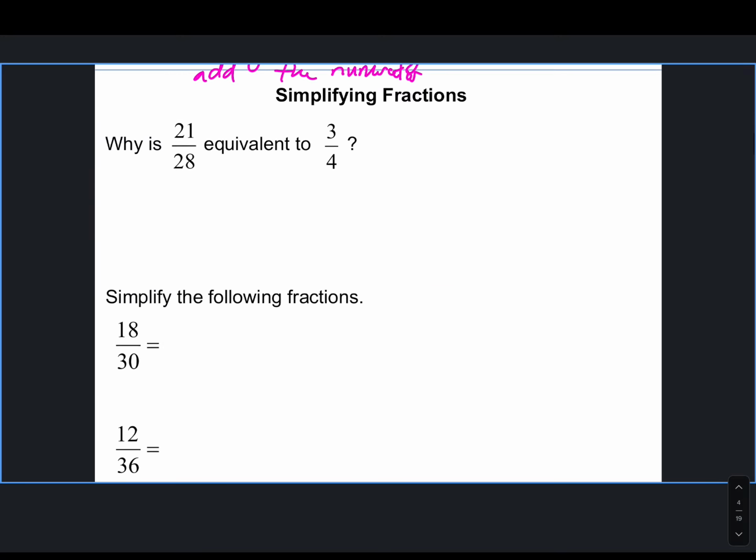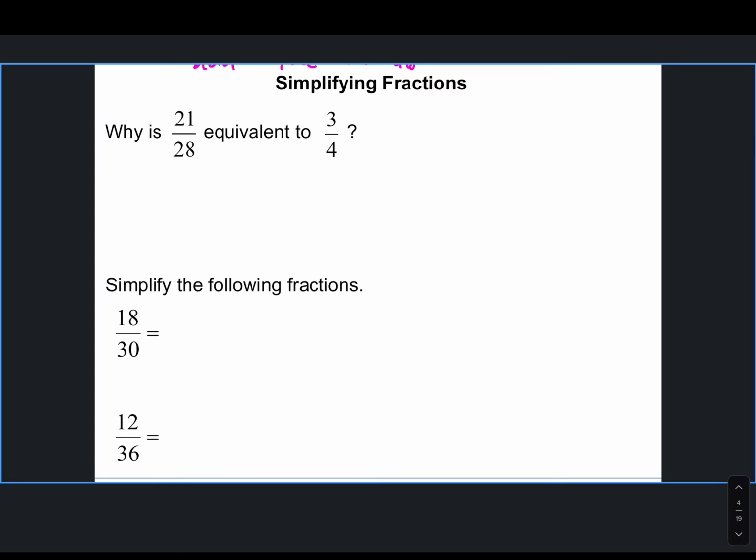Okay, simplifying fractions. Why is 21 over 28 equivalent to 3/4? Why are those equivalent? Because they can both be divided by 3. No, that's not right.